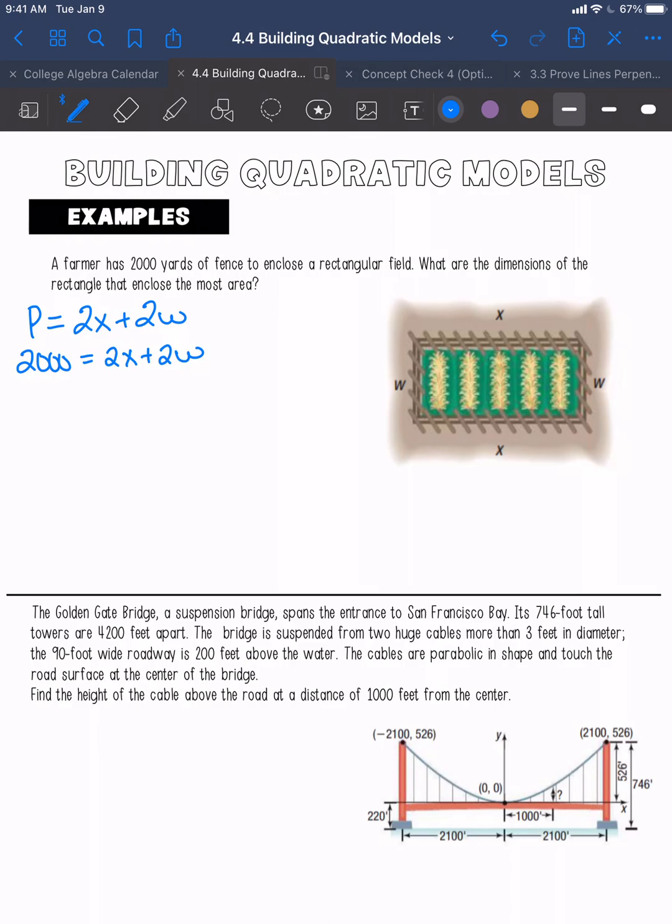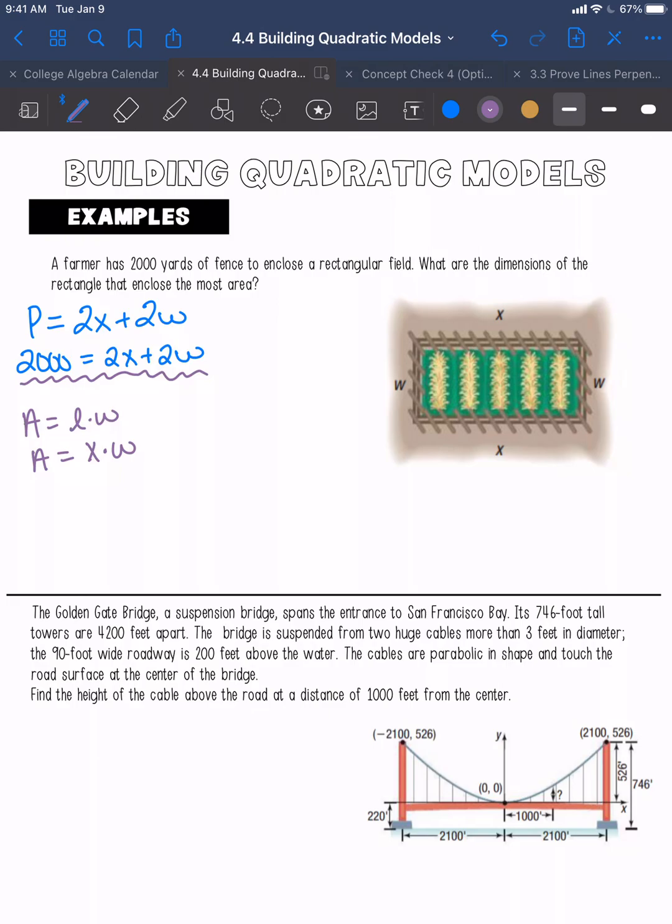We know we're trying to enclose the most area. Area is length times width, which in our case is x times w. So we want to write the area in terms of either x or w. So that means we need to take this equation up here and solve for either x or w. It doesn't matter unless it's specified and tells you which one.